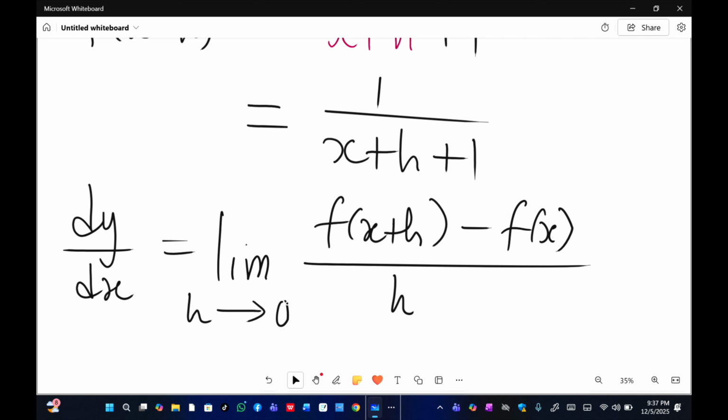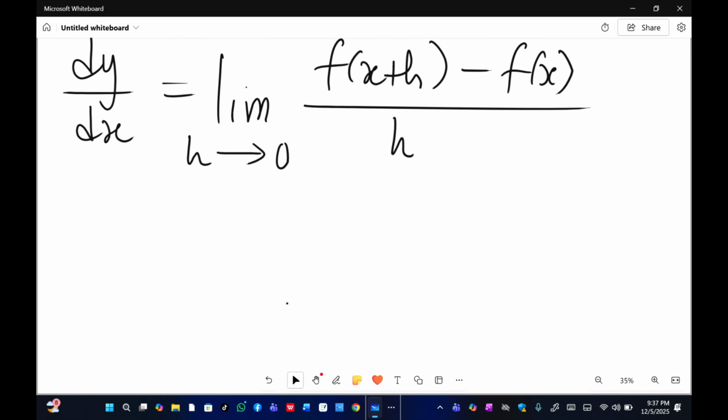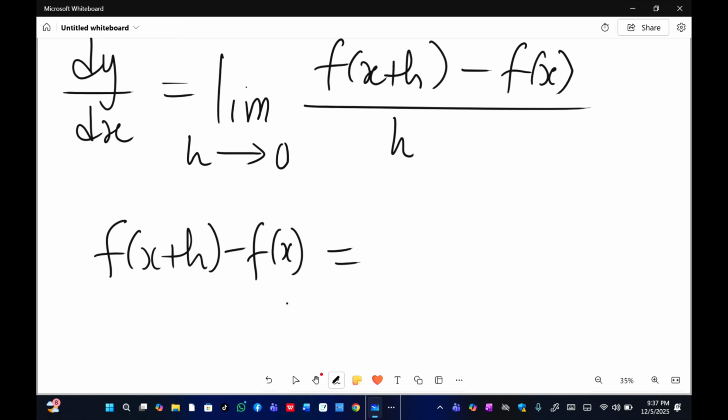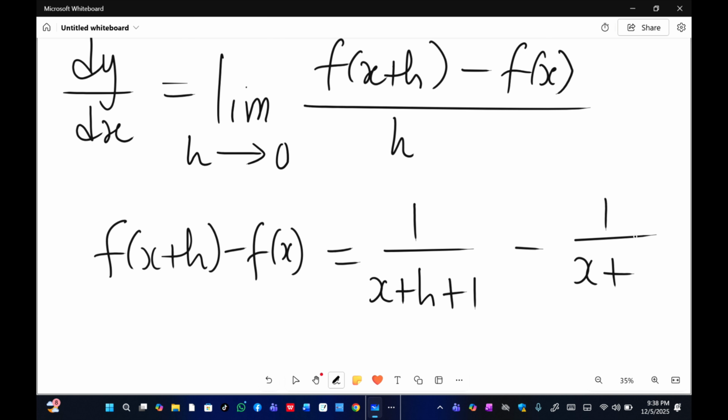Alright, so we need to find the difference in the f of x plus h and the f of x. So let us bring down the numerator. Our numerator is f of x plus h minus f of x. Now we know our f of x plus h to be 1 divided by x plus h plus 1, then minus the original function, which is 1 divided by x plus 1.